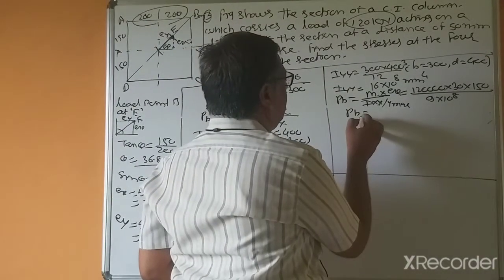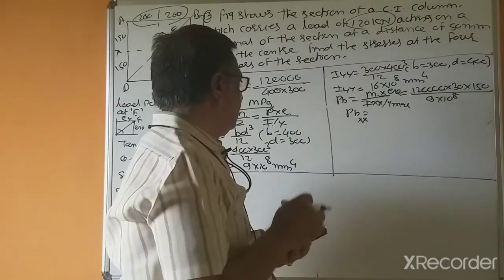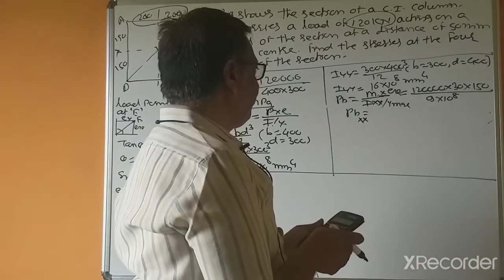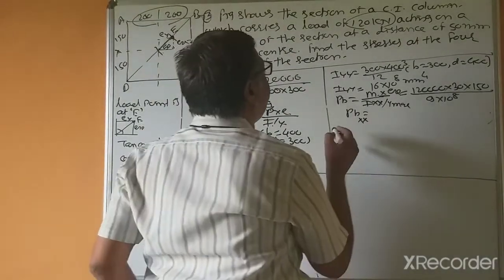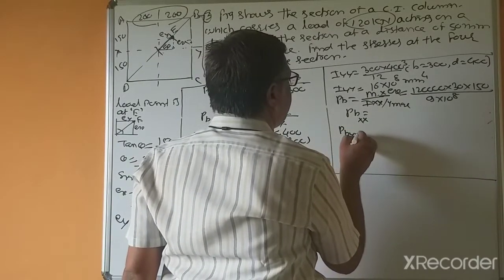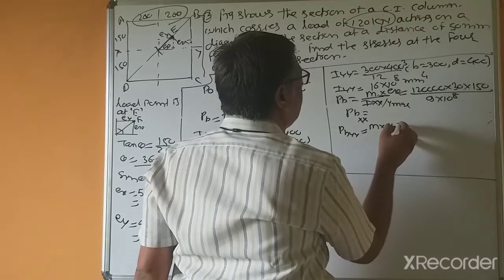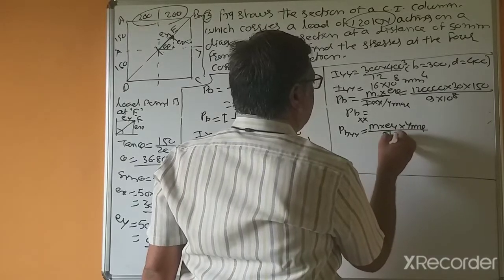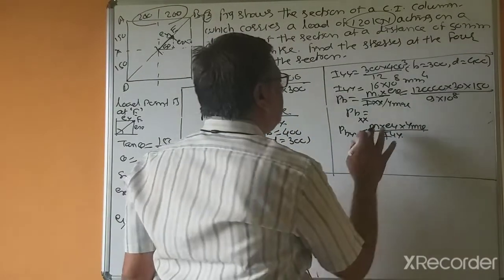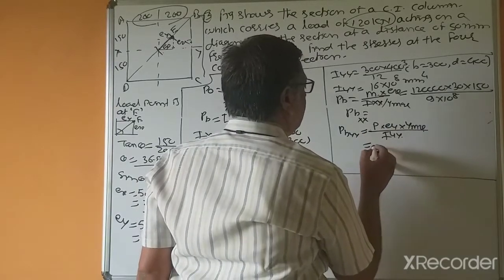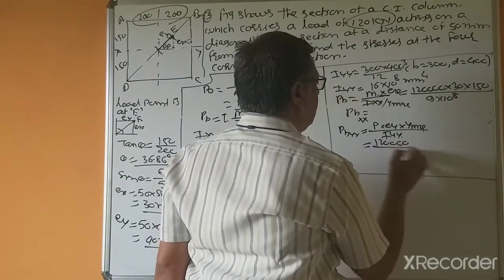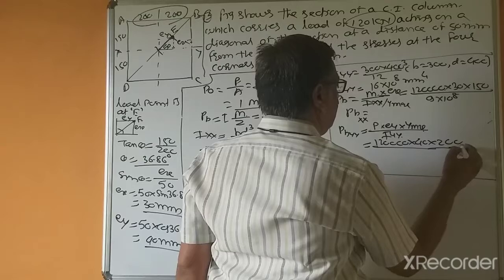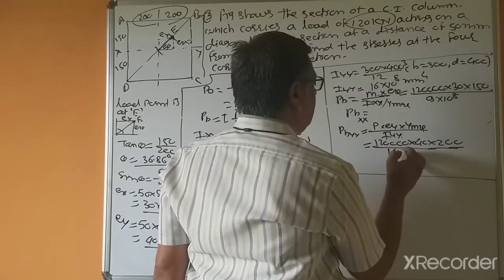This is the bending stress about the XX axis. Similarly, about the YY axis, it is P into Ey into Ymax divided by Iyy. Sorry, this is P: 120, Ey 40, Ymax 200, and Iyy is 16 into 10 to the power 8.